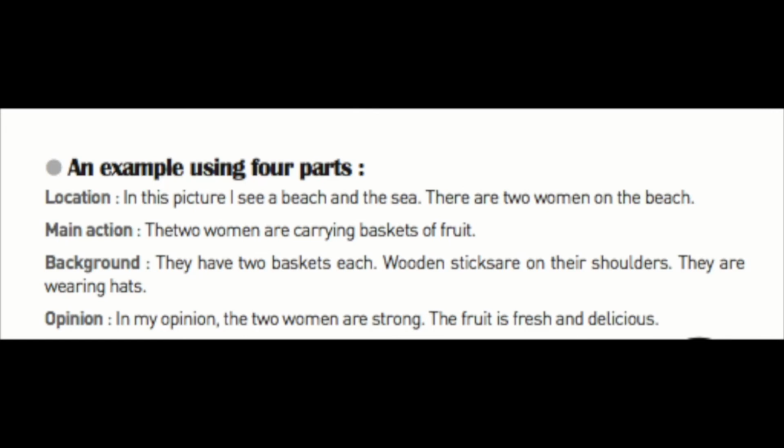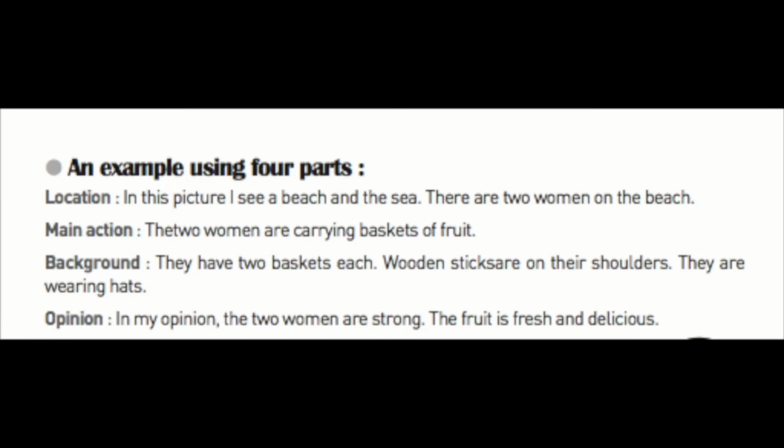In this picture, I see a beach and the sea. There are 2 women on the beach. The 2 women are carrying baskets of fruit. They have 2 baskets each.